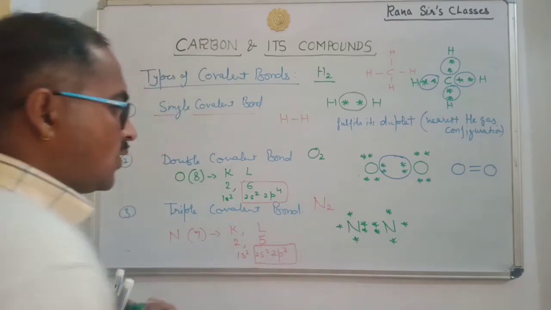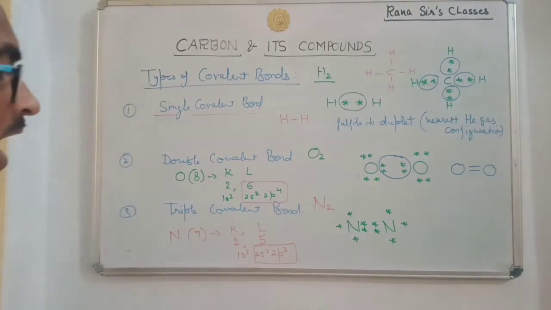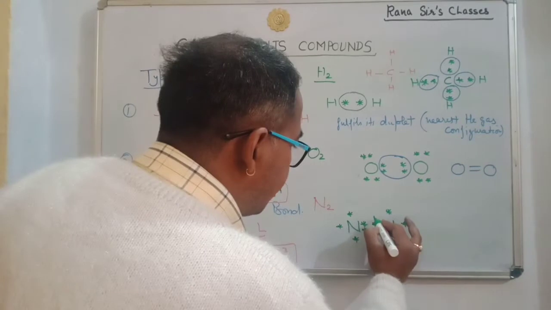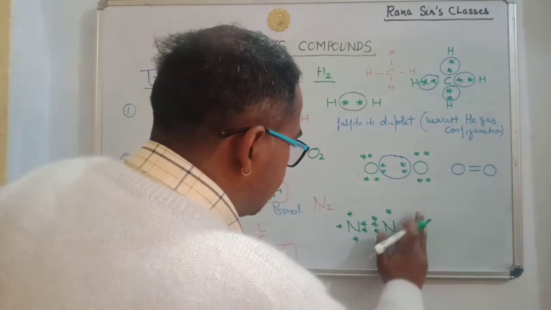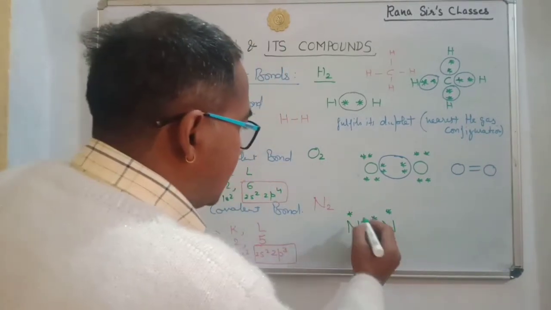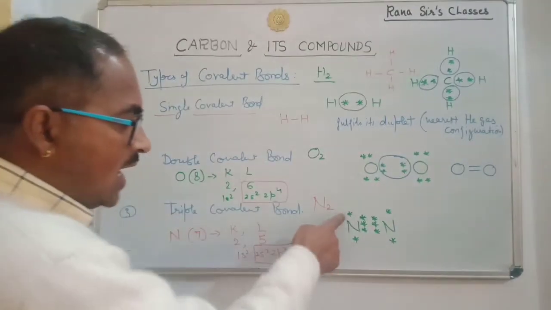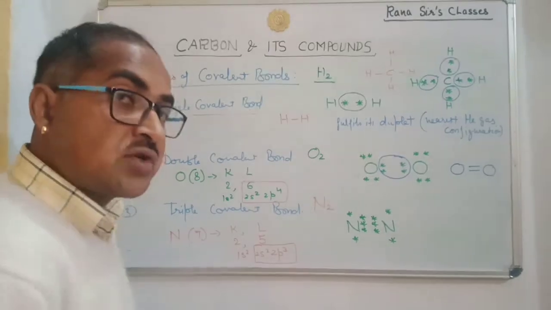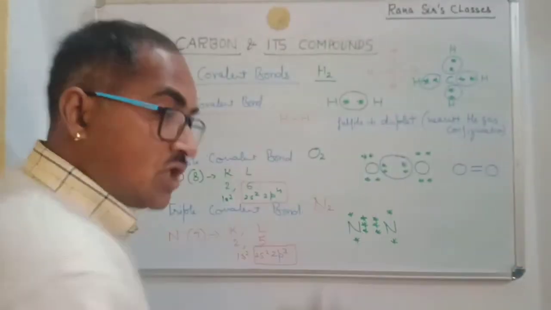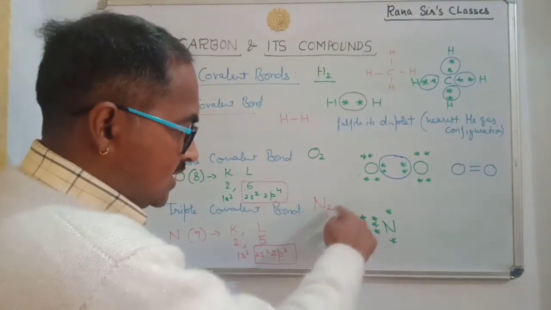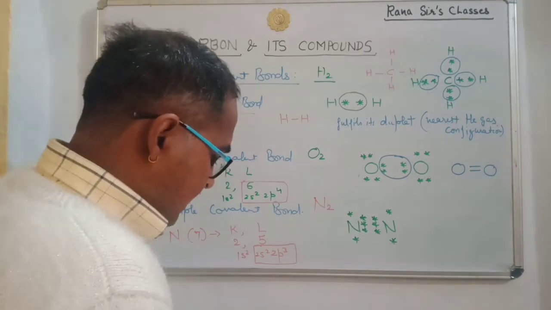Now what will happen? How will it do? 3 of its electrons will be there, 1 is cancelled from here, and 2, 3. Now you see 1, 2, 3, 4, 5 of its own electrons, and 3 it has shared. So 6, 7, 8. For it, 8 electrons are there.